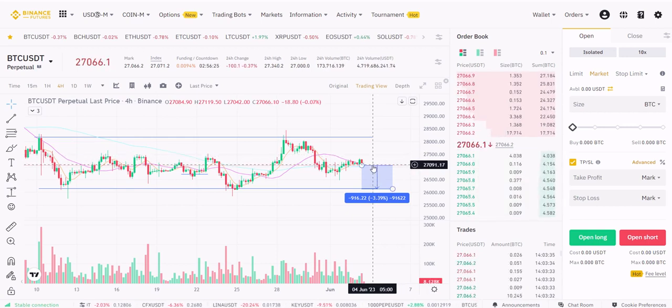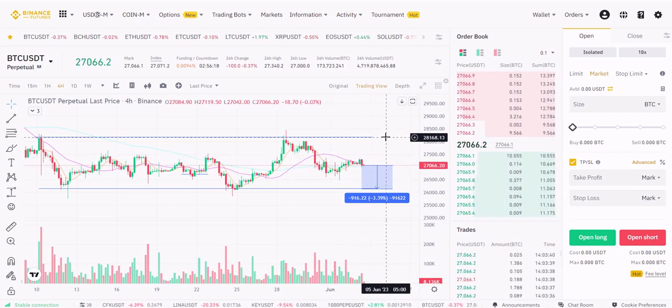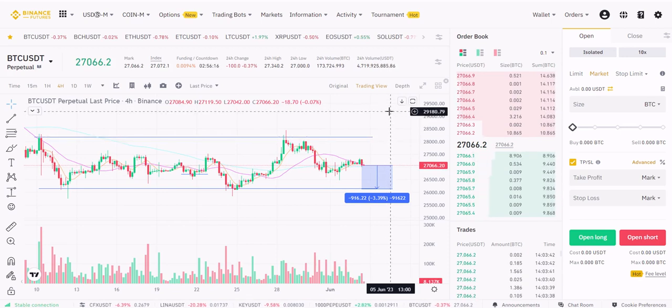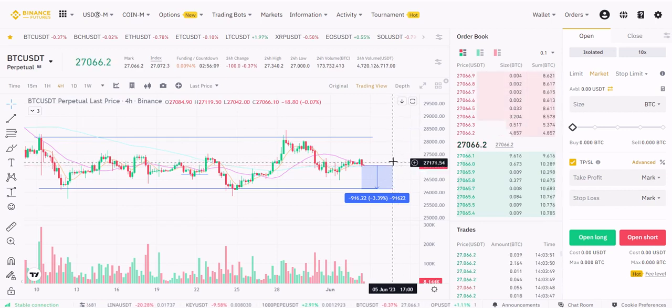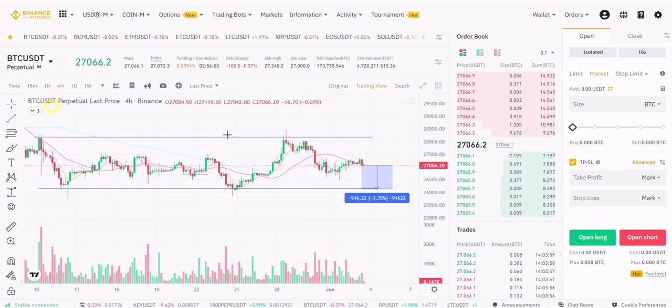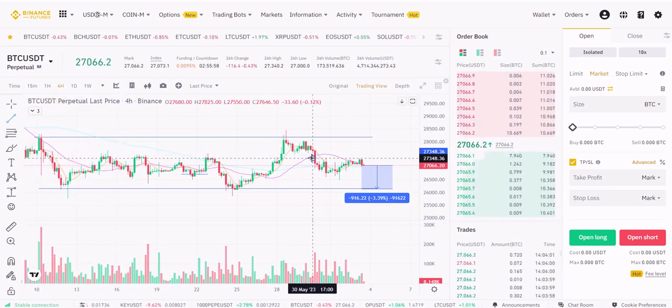Why? Because if you're doing other stuff and you're not really watching the trade and it just goes up from here and keeps going, which I would say at this point is not very likely, but it could. It's Bitcoin. So you could say, okay, I'm willing to set a stop loss up here if the price actually breaks this high right here.